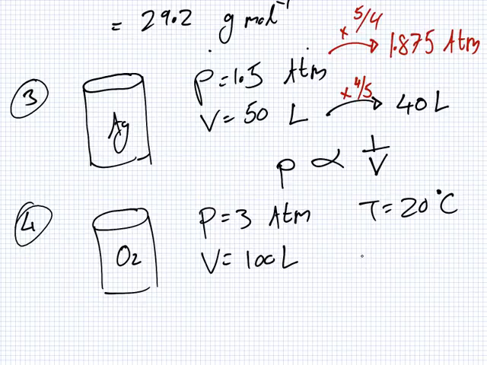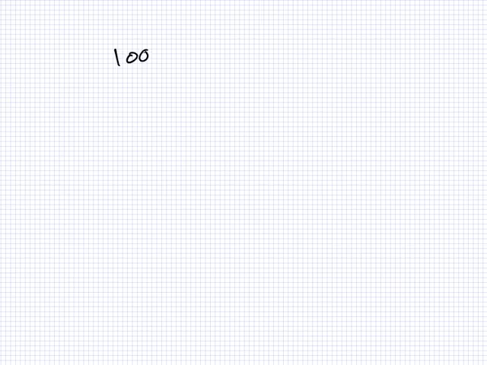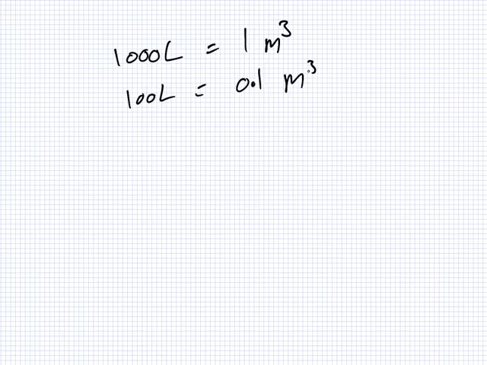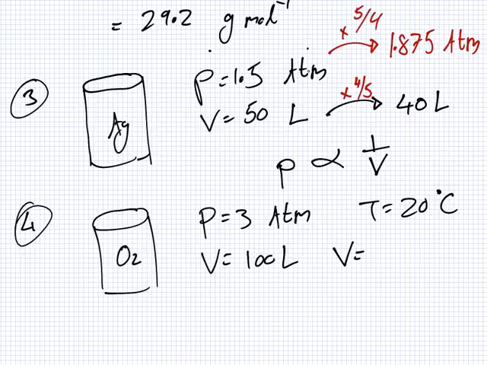Great. So, first thing I need to do is convert that 100 litres into meters cubed. If you recall, we said 1,000 litres makes a meter cubed. So, 100 litres would make a tenth of a meter cubed. So, the volume is 0.1 meters cubed.